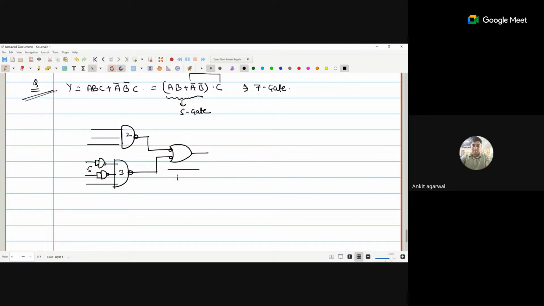Okay, so we will do more practicing in the upcoming classes. Along with that, we will discuss multiplexer. In the next class, we will discuss multiplexer, demultiplexer, encoder, decoder.